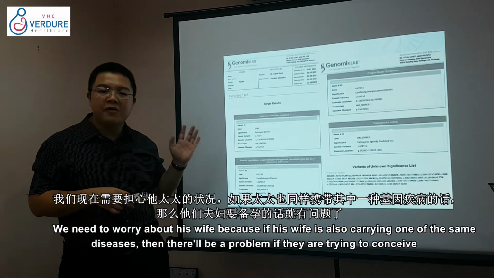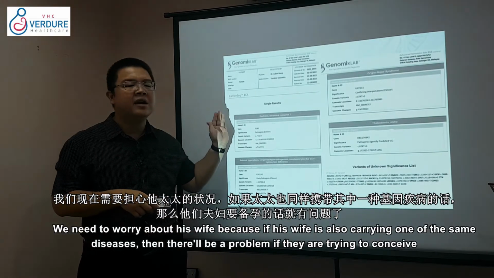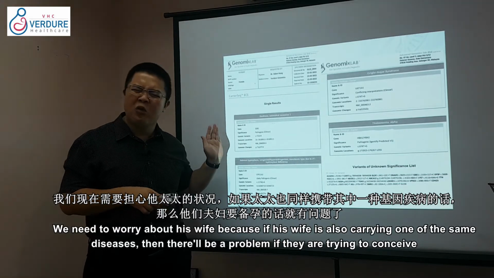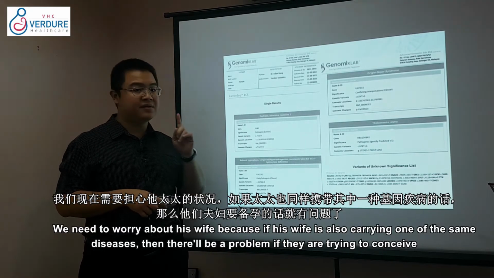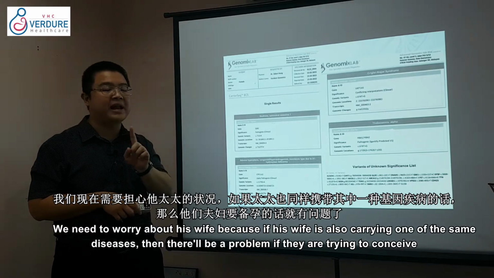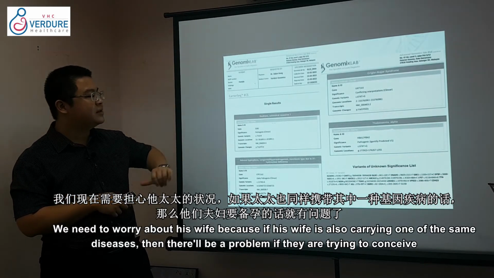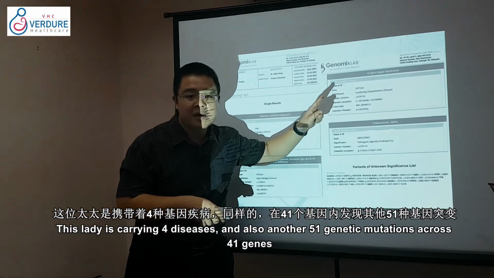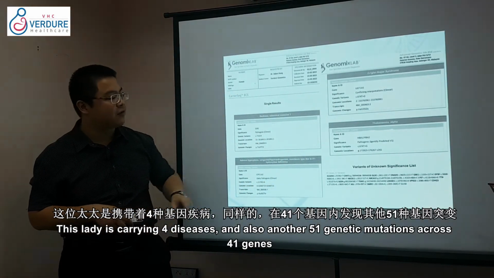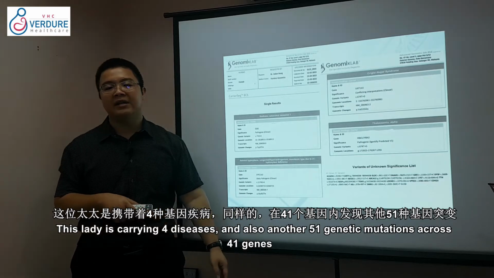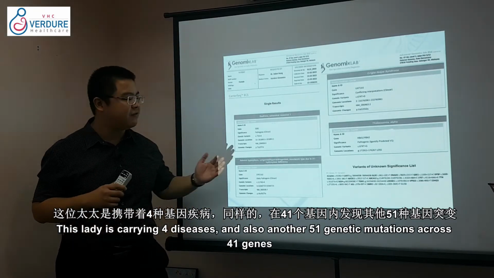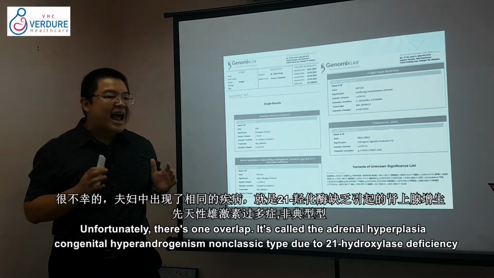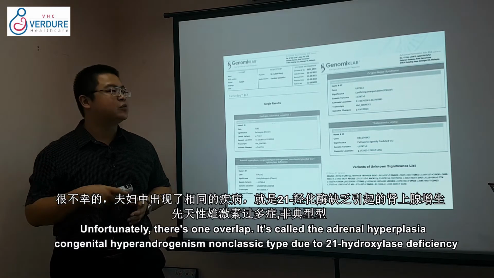And now we need to worry about his wife, because if she is also carrying one of the same diseases, then there will be trouble if they are planning for pregnancy. This lady here is carrying 1, 2, 3, 4 diseases, and of course another 51 genetic mutations across, again, 41 genes. And unfortunately, there is one overlap.